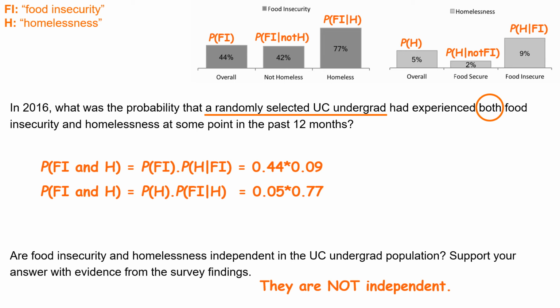So 0.05 times 0.77. Either way, we get the same answer, up to, obviously, rounding error, since those are all nice, neat whole percents, that give us an answer of 4%. So 4% of all undergrads in UC in 2016 had experienced at some point in the past 12 months both food insecurity and homelessness.